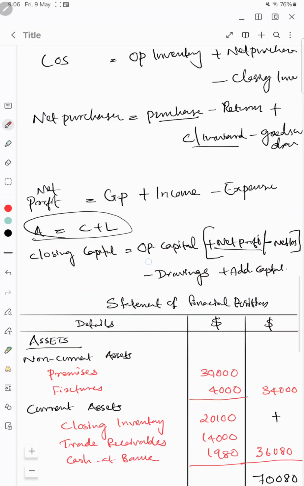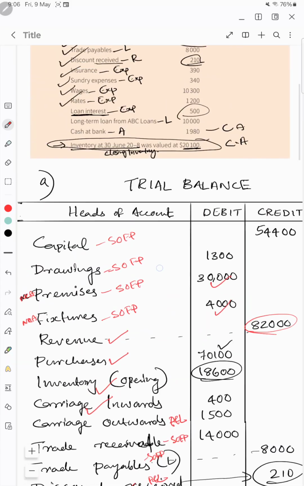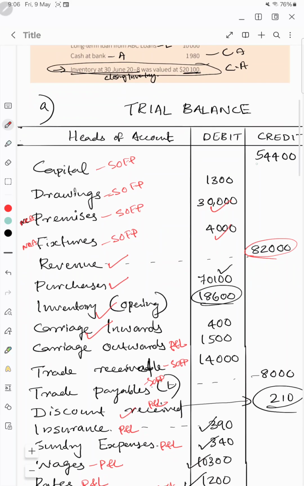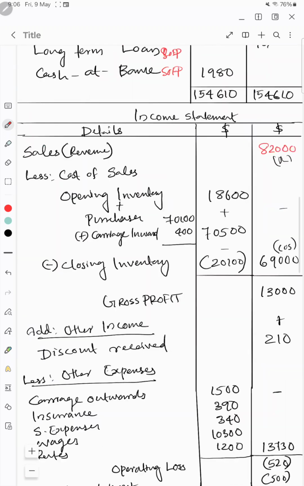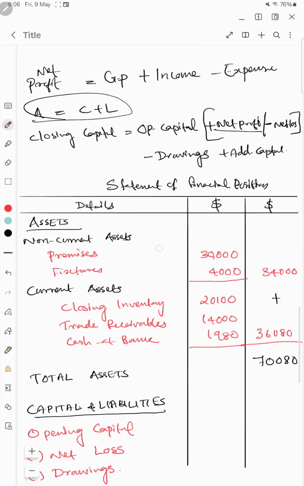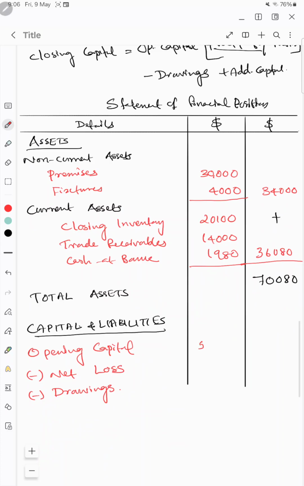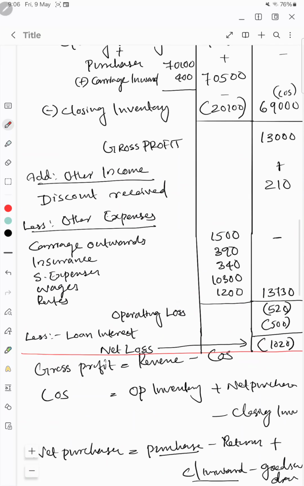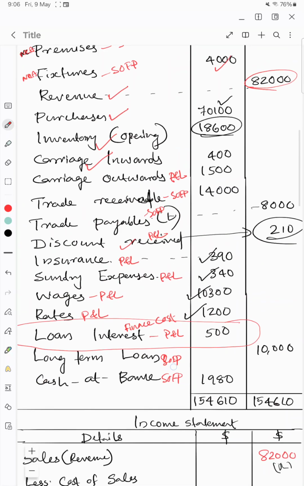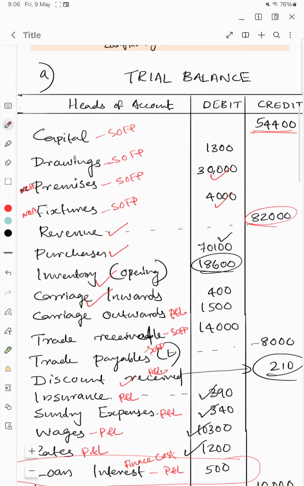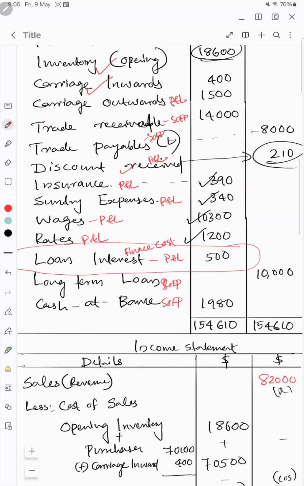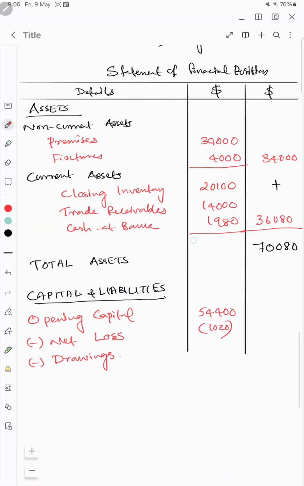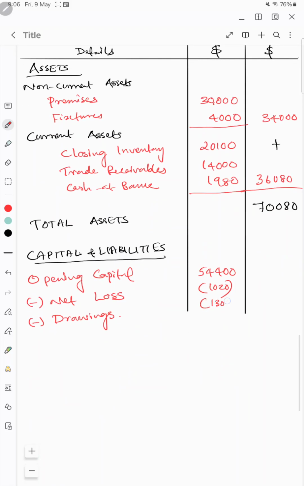Opening capital is how much, that you can check in your trial balance here. 54,400 is your opening capital. Net loss is 1020, so deduct that; you can put it in brackets as it is a negative figure. Then drawings, 1,300.